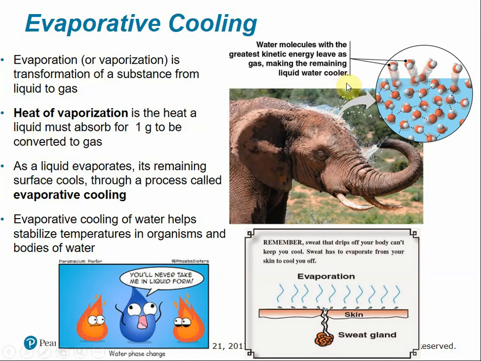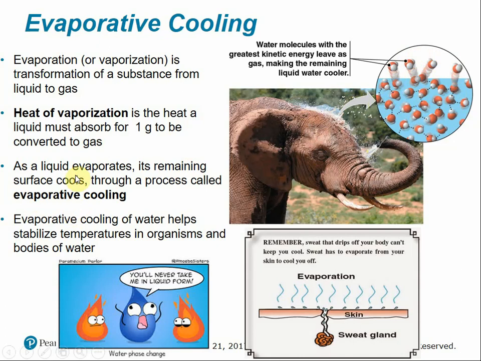Water molecules that have a greater kinetic energy, since they've absorbed more heat energy, will be more excitable, moving around more, and leave the liquid state as a gas, or evaporate. And in the process, it carries some of that stored heat away with it and makes the liquid water a bit cooler. So this is evaporative cooling.